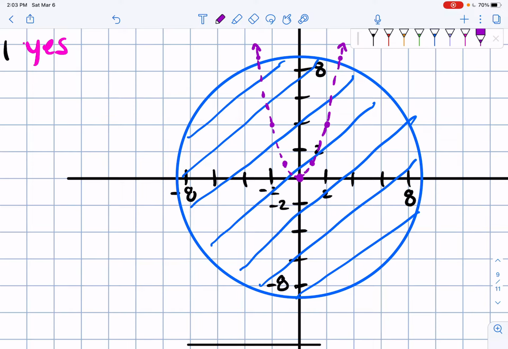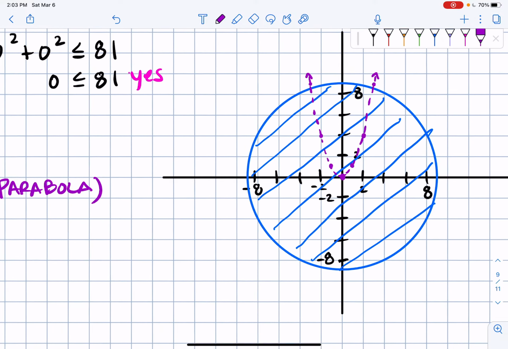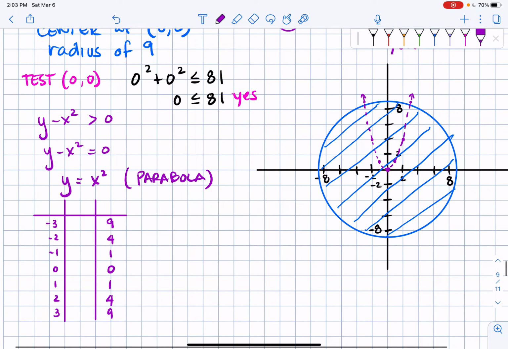Okay? So let's test the point. I cannot test 0, 0 in this case, and the reason is because 0, 0 is actually one of the points. So I can't test that. But I could test a point inside the parabola. So let's say like 0, 4. Right?